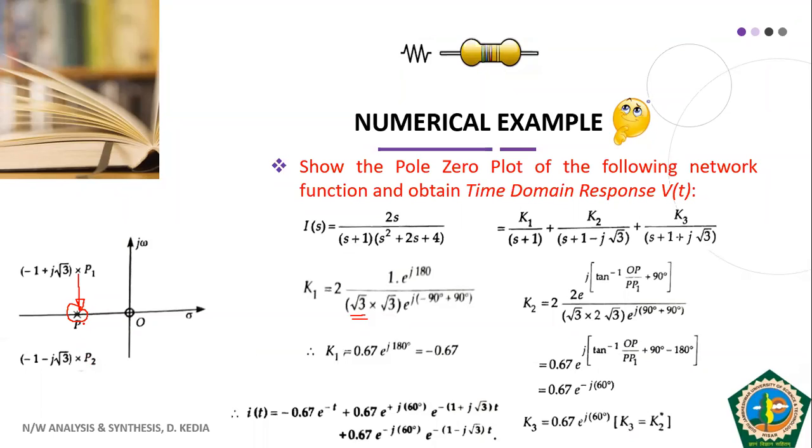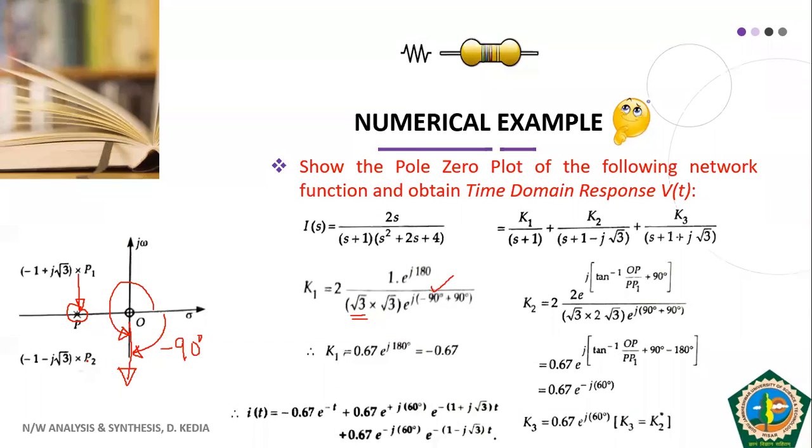Now we will calculate the angle. The direction of this phasor is towards the negative y-axis. So starting from the positive x-axis, the angle could be 270 degrees, or in other words, taking clockwise, the angle will be minus 90 degrees for this phasor. Fine.